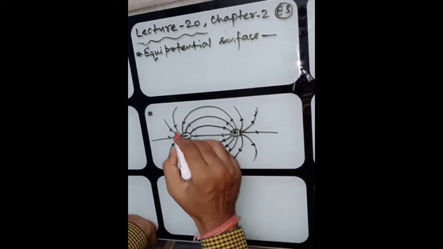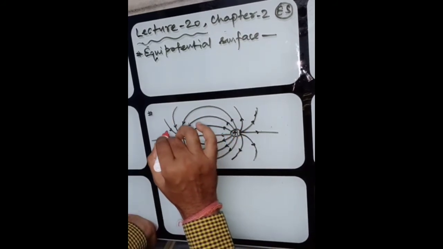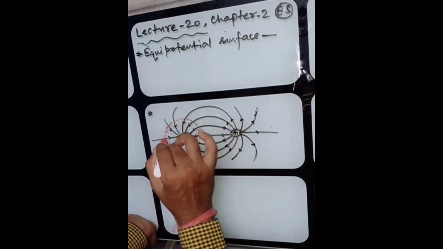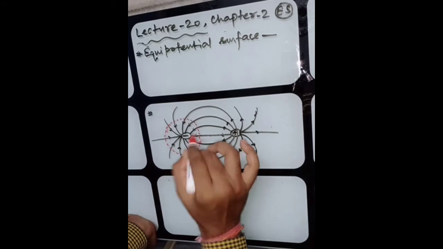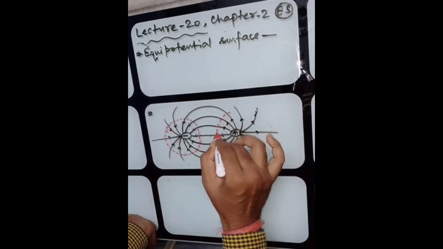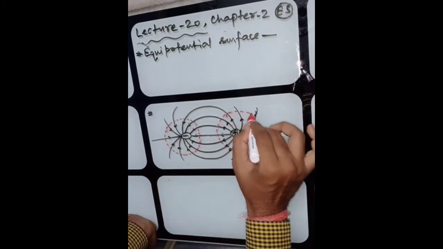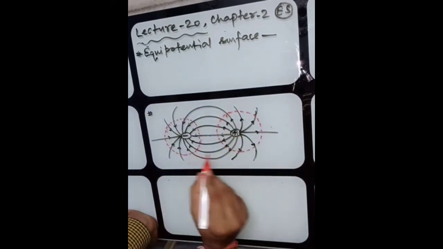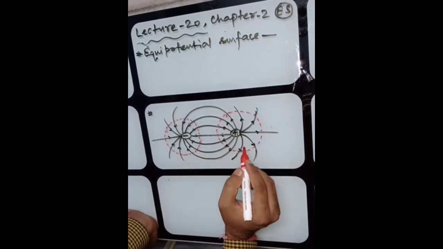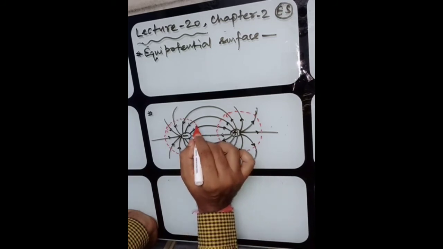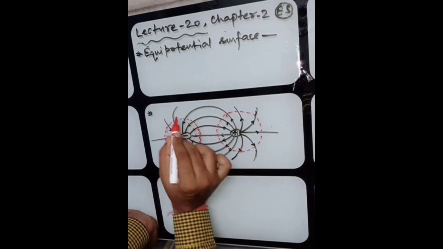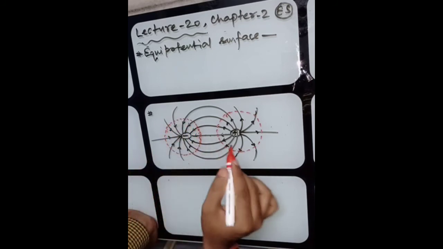We know that the equipotential surface should be perpendicular to the field lines. This one. Now the next equipotential surface, this is the equipotential surface. Remember, it is not necessary that the potential at both points will be the same, but the potential at each point over this surface will be the same.